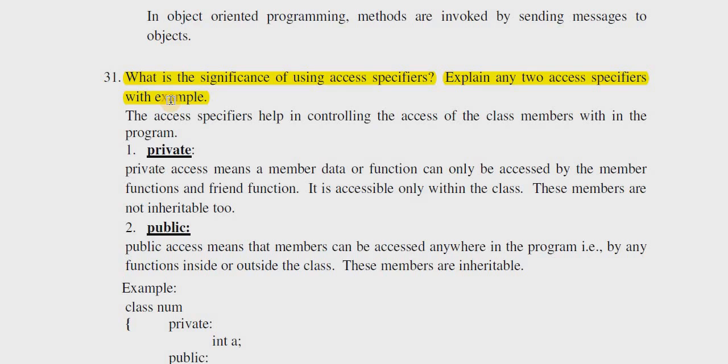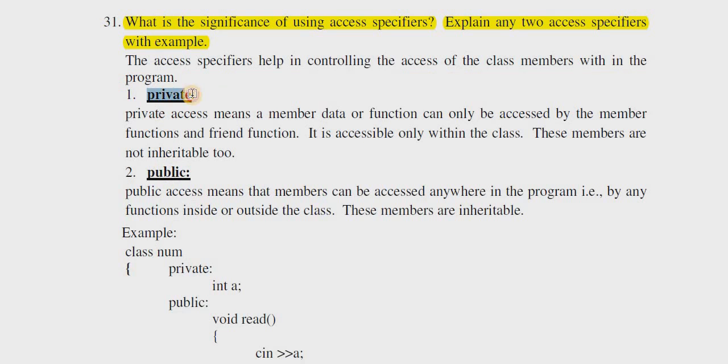Explain any 2 access specifiers. Already you know there are 3 access specifiers. Access specifiers work like a security guard. An access specifier is used to protect the data members of a class. There are 3 access specifiers: private, public and protected, but here you have to explain any two. In this solution, private and public are explained. I have already given you notes, you can see in detail.